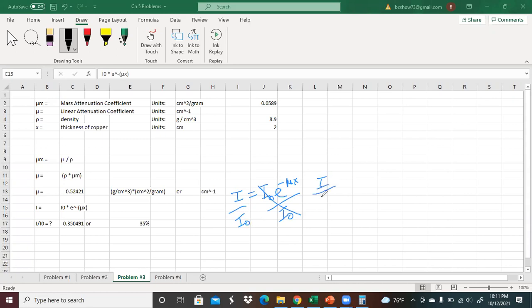So I'm left with the intensity divided by the original intensity, and that's going to be the fraction of photons that remain.